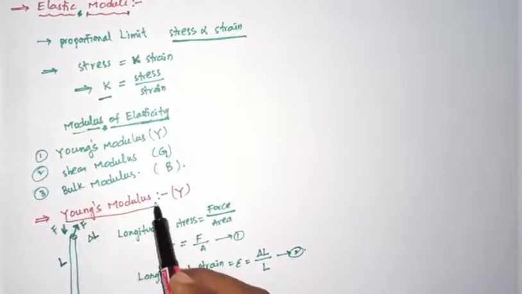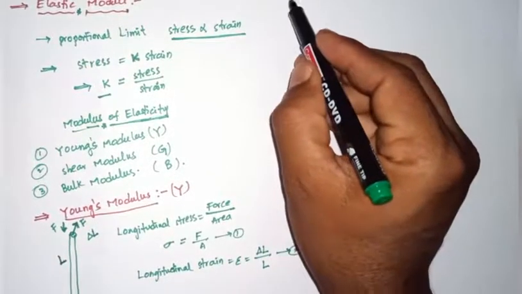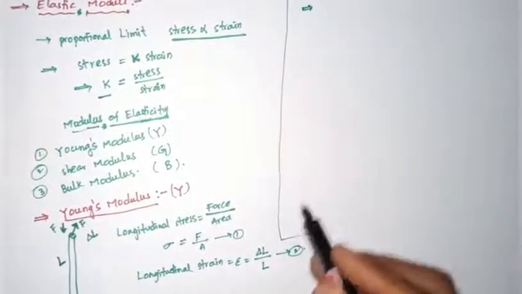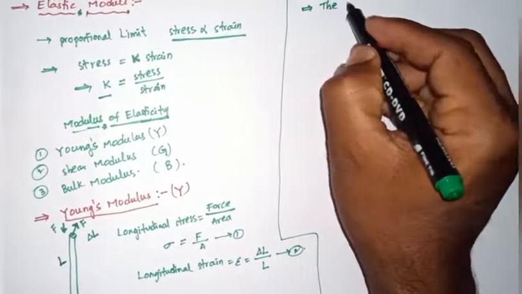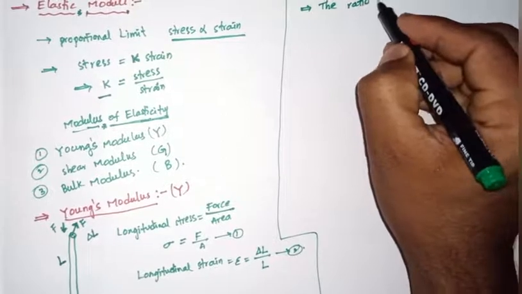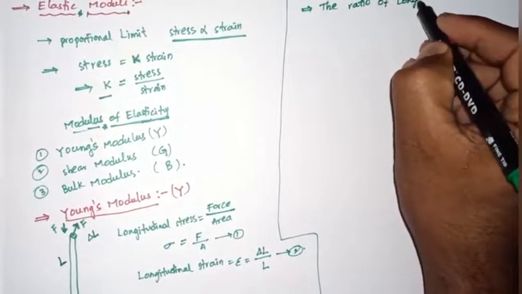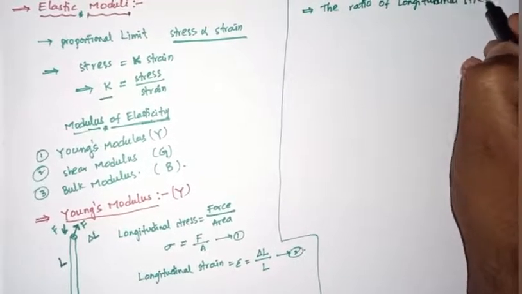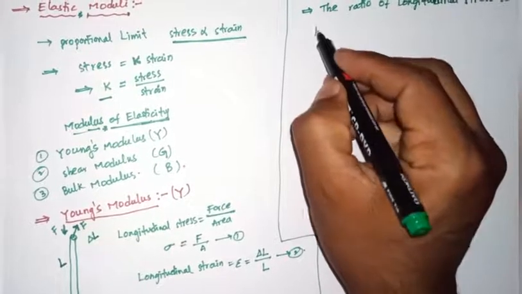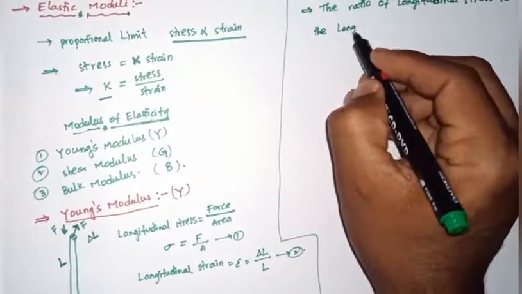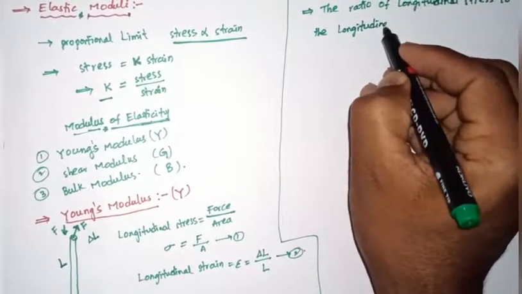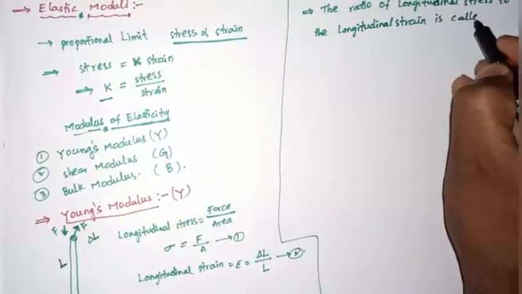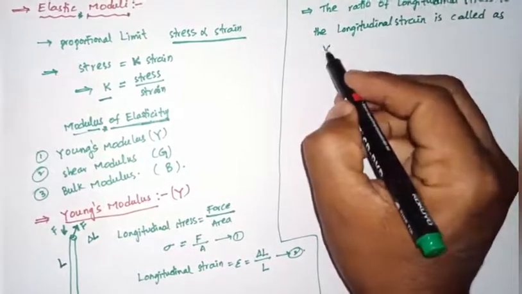Young's modulus of the material is defined as the ratio of longitudinal stress to the longitudinal strain, and is called Young's modulus.